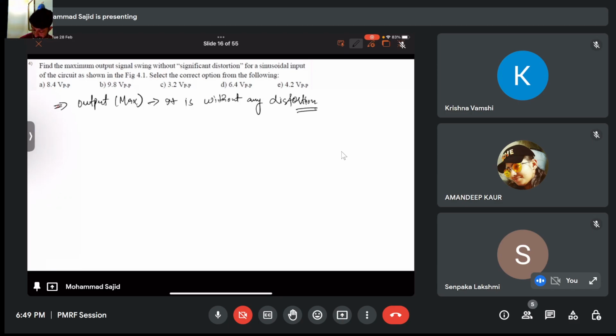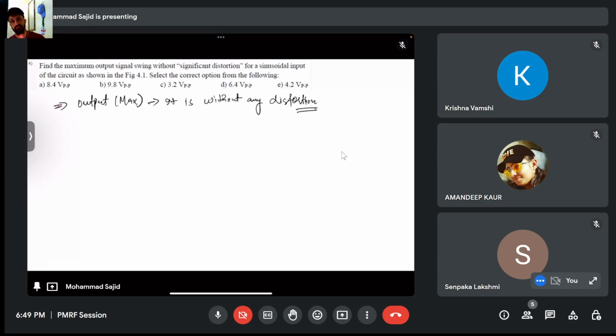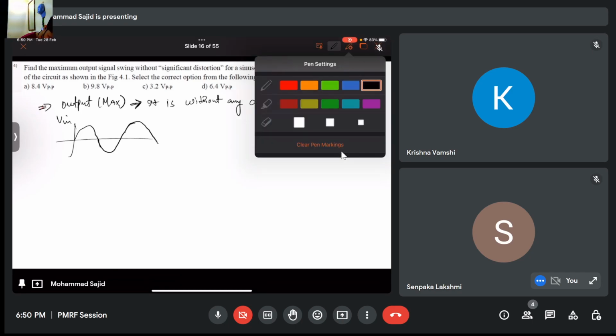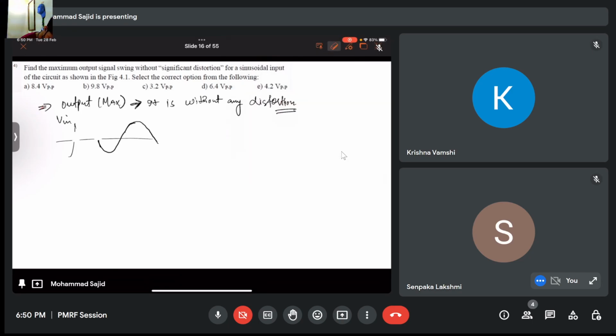What do you mean by distortion? Anyone? What is signal distortion? If I have this as my input, this is my amplitude, right?